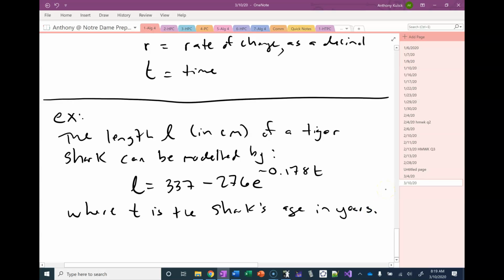Okay, so the length L of a tiger shark can be modeled by the equation L is equal to 337 minus 276 times e to the negative 0.78t, where t is the shark's age in years.